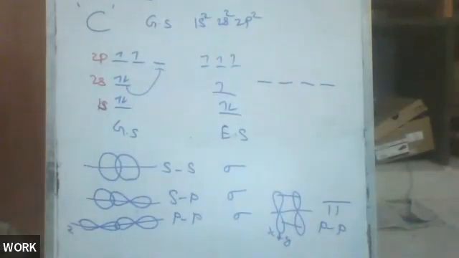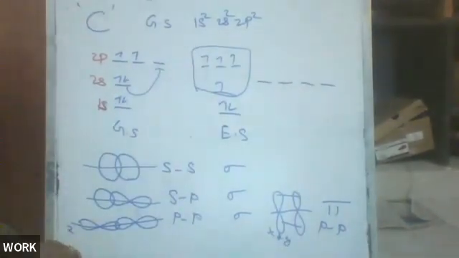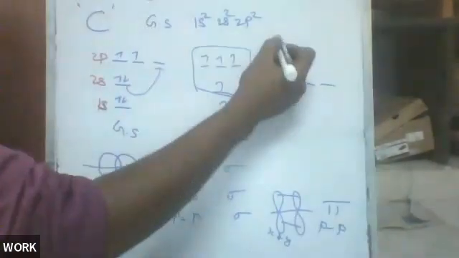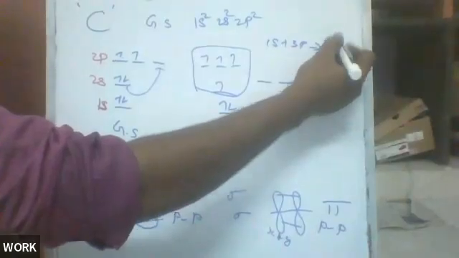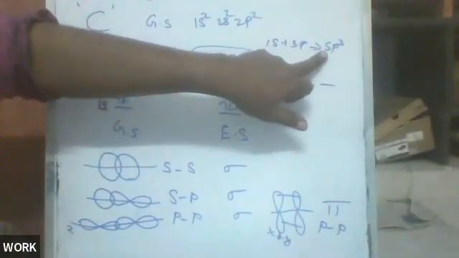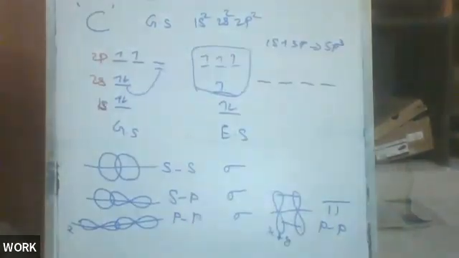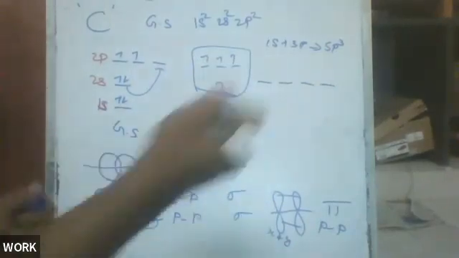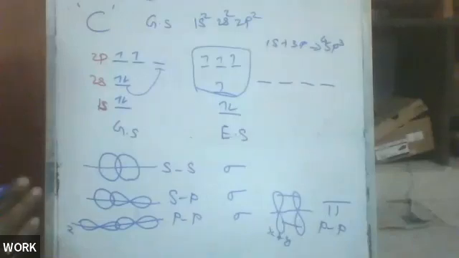So when one s orbital and three p orbitals overlap, it gives sp3 orbitals, which have 1/4 s character and 3/4 p character. So it gives four sp3 orbitals, and they have equal energy.